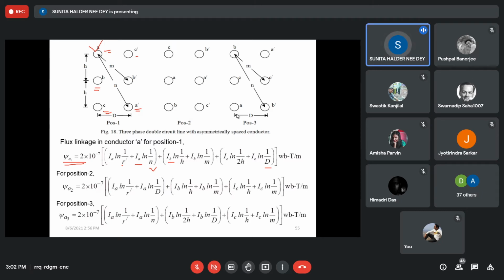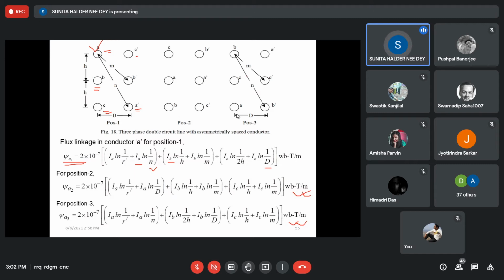Why I have told you to sit with pen and paper is that for this type of paper it is better if you write with me. Otherwise, it will not be fruitful. I am not reading out all this; reading out these equations is useless. So you write yourself.